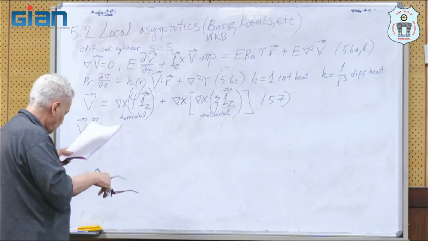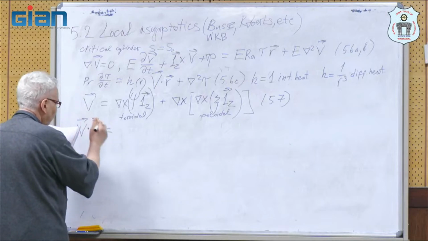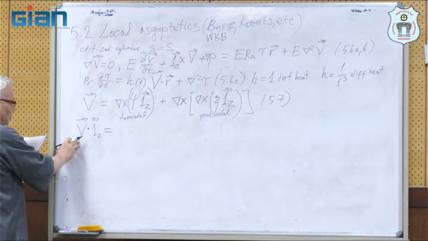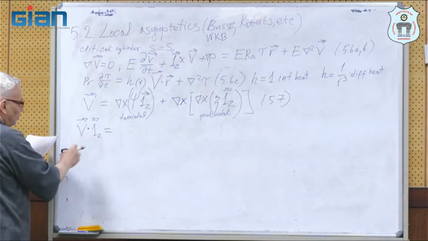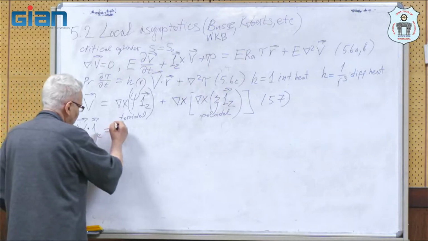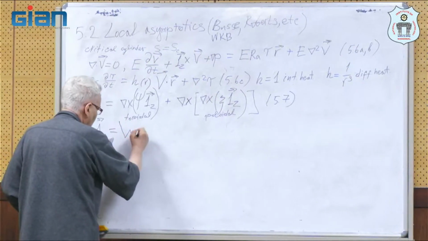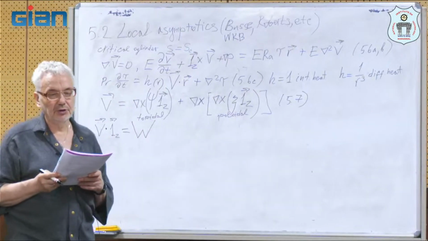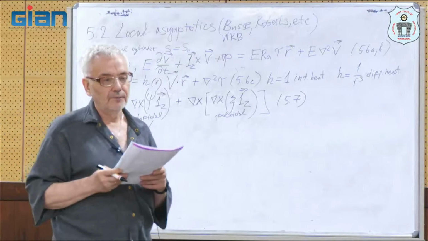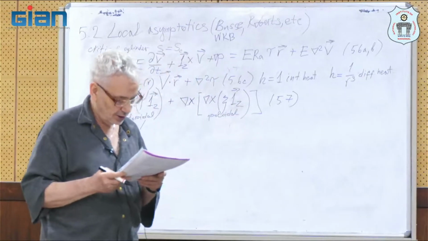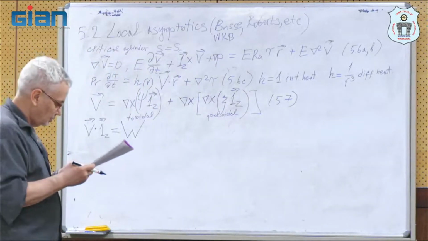Okay, so we define this value, which is the scalar product of the velocity and the unit vector in the direction of z. We define this value because it's quite important. Actually, it's the velocity component in the direction of rotation. And later you will see that it's indeed very important.